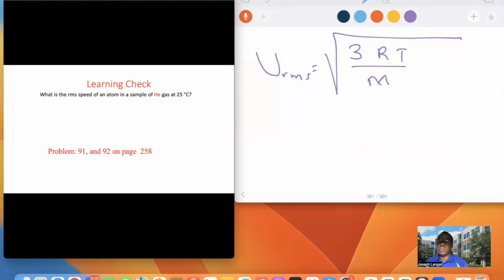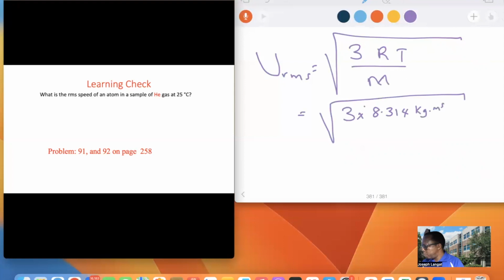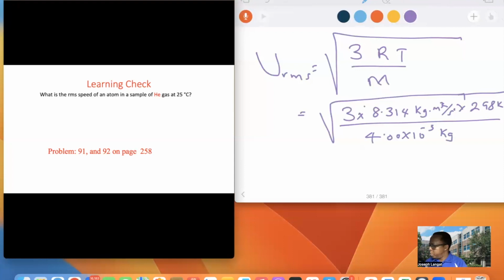This is the molar mass of helium, and remember in kg. If I plug that in, it's going to be the square root of 3 times 8.314 kg meter squared times 298 over 4.00 times 10 raised to negative 3 kg.